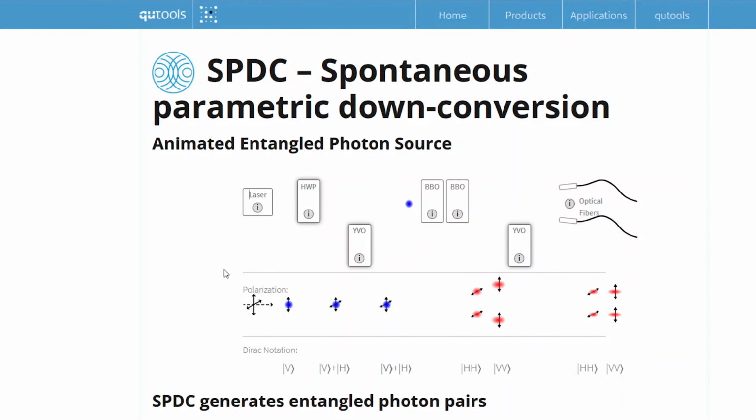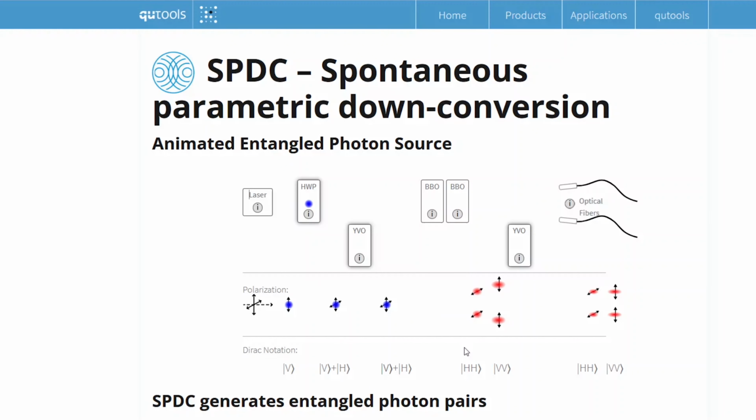So like this, there's a small chance in both BBO crystals that a down-converted photon pair is generated, and each of those can be coupled into the single-mode fibers in the end. But as you can see, the 2 photons do not arrive simultaneously at the optical fibers, and therefore you could, in theory, determine from which BBO crystals they originated when having a look at the detection times.